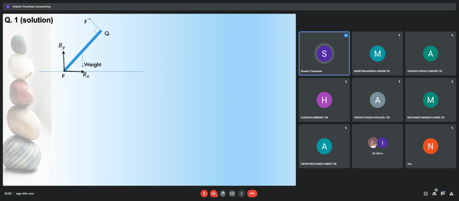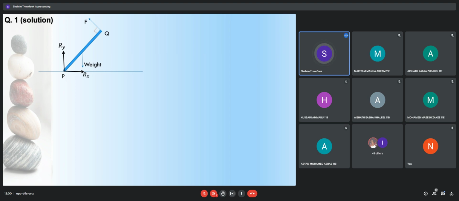Question number one, I showed you. Here, the question says at point P, it is pivoted, it is fixed, and the beam is in equilibrium, and at point Q, a force is acting perpendicular to the beam, and the beam is a uniform beam, and weight is acting downwards.